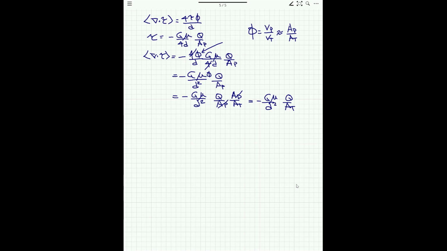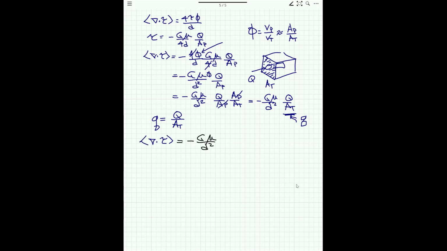We've got a block, then there's a pore in it, and we've got some volumetric flow going through that pore. This is the overall area. So by definition, the volumetric flux is Q over the area total. So this term here is volumetric flux. Okay, so we've got this. Okay, so that becomes this.